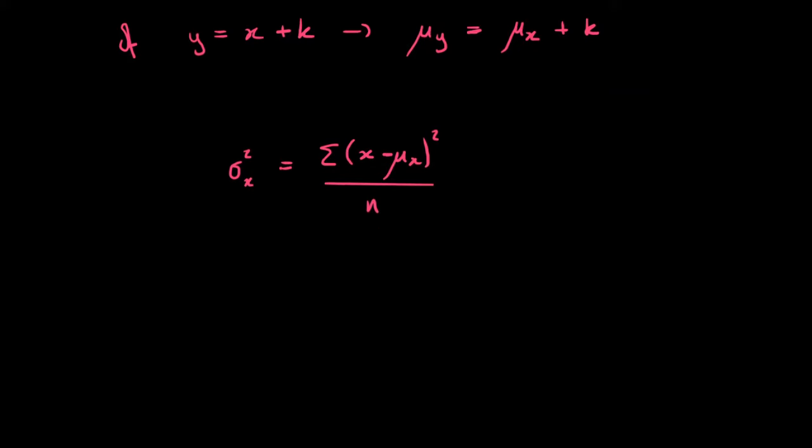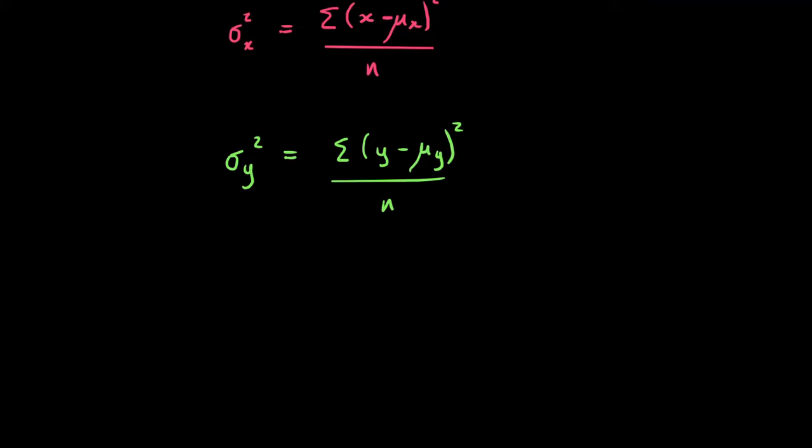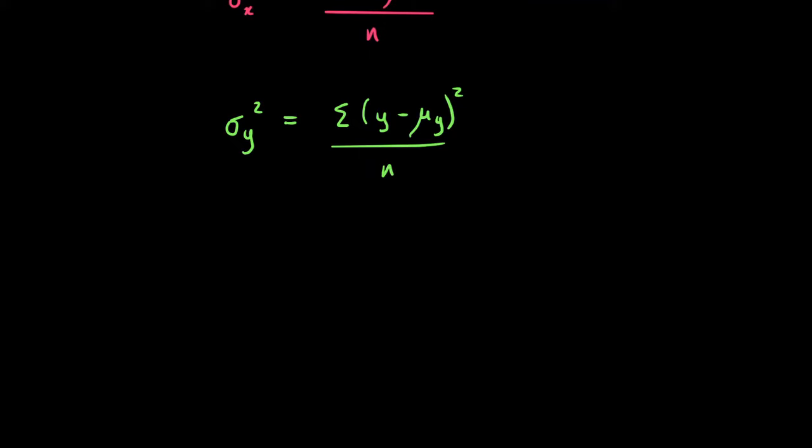So then what would be our variance for y? Our variance for y is going to be the summation of our y coordinates minus the mean of y, all squared, upon n. Well, we've already defined what y is in this particular case.